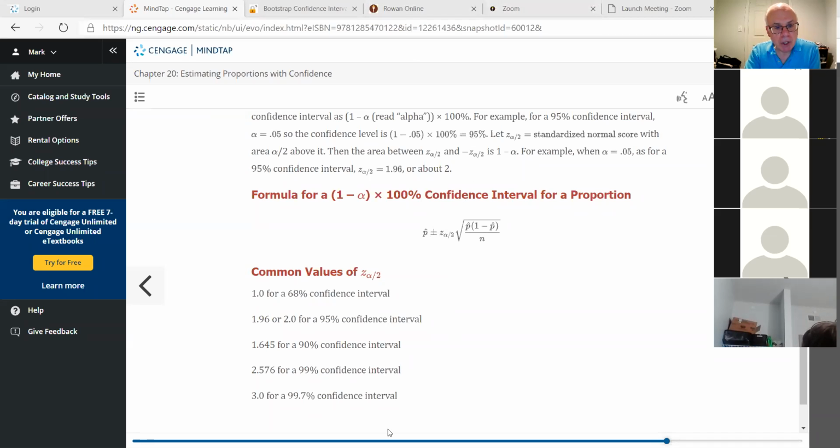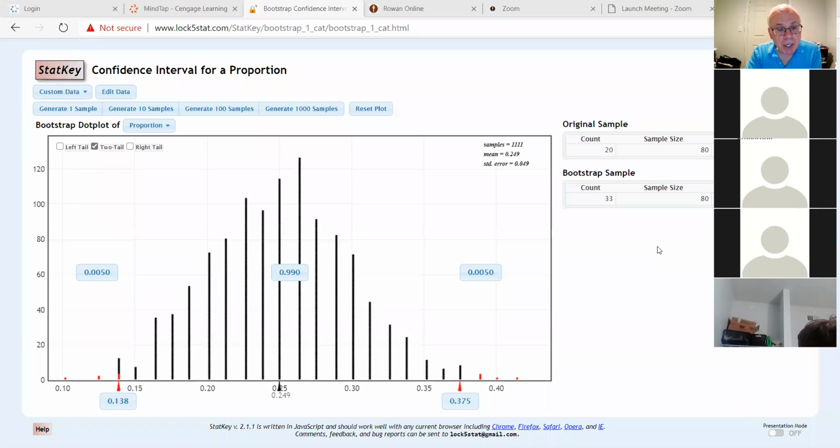Okay, so let's now go back to StatKey just for a second. All right, so you get the idea that StatKey does give you a way without formulas to create confidence intervals that are very similar, by the way.